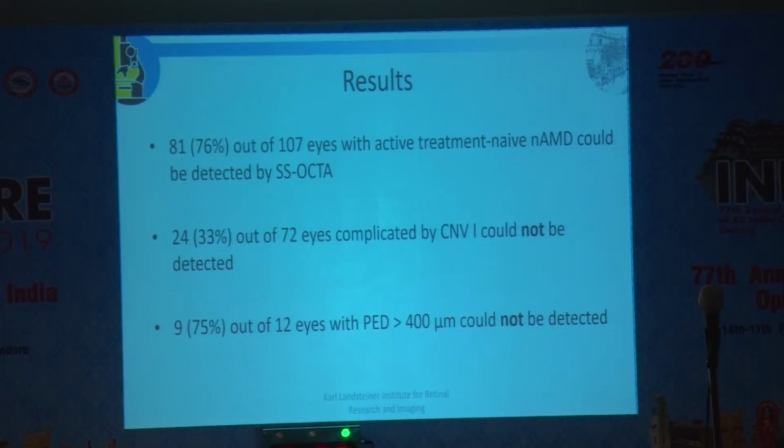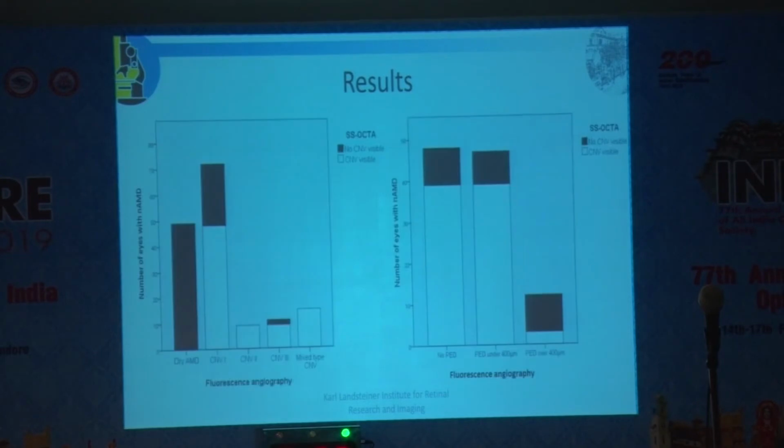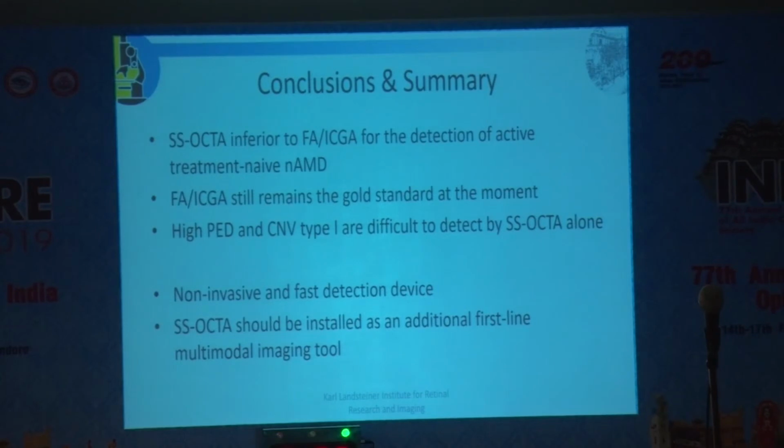One third of eyes with CNV1 could not be detected, and 75%, so 9 out of 12 eyes with a PED over 400 microns, could not be detected. You can see that here in the bar graphs as well. Again, with a PED over 400 microns, there is quite a high chance of not detecting the CNV. Concluding, SS-OCTA was inferior to FA and ICG for detection of active treatment-naive neovascular AMD, and FA and ICG still remain the gold standard at the moment.